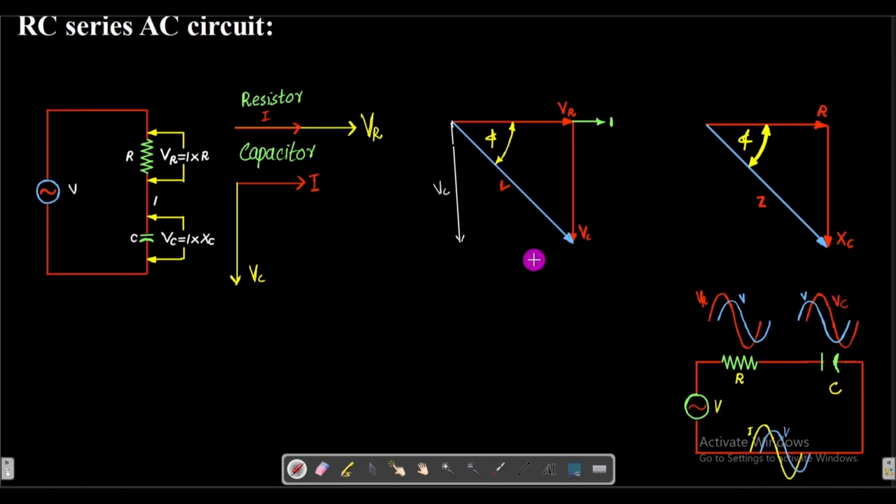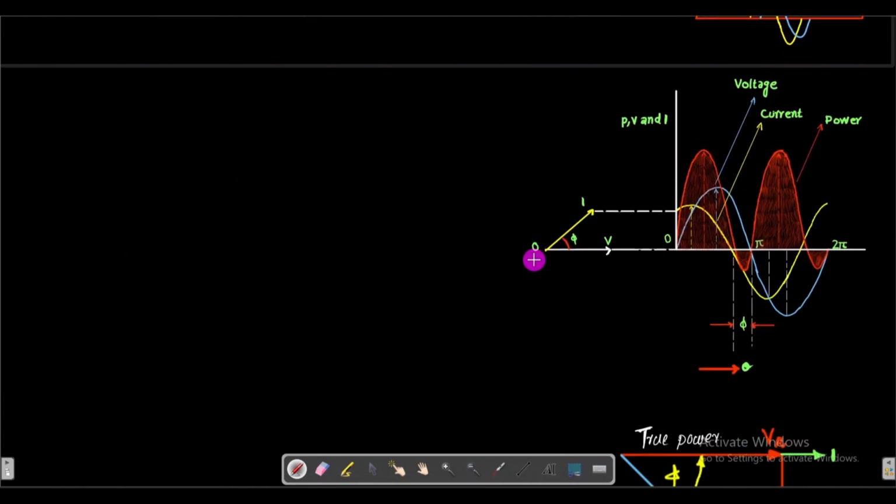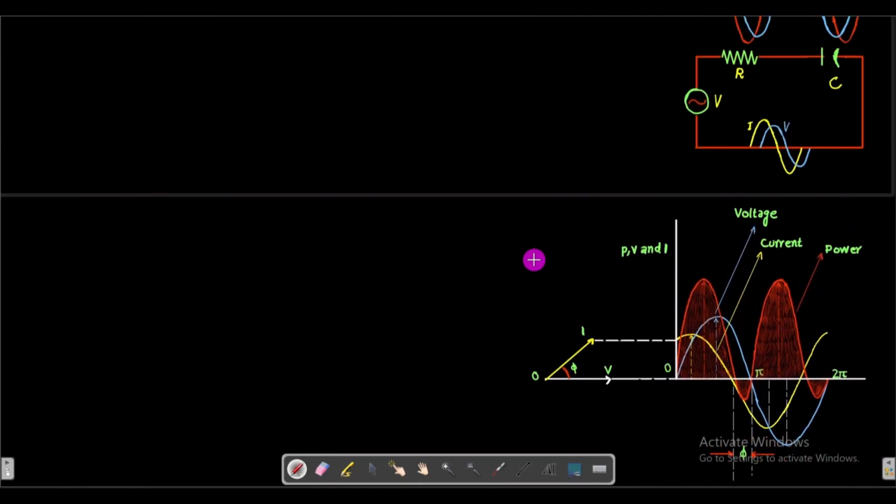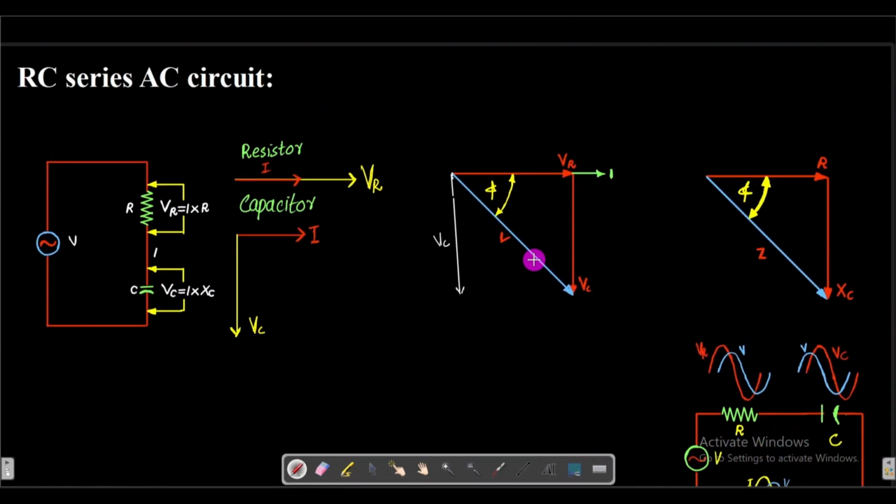In this lecture, we will discuss in more detail the RC series AC circuit. For that we have the same RC series AC circuit, which consists of a resistor having resistance R and a capacitor having capacitance C. Both are connected with each other in series, and they are also connected to the applied alternating voltage source.